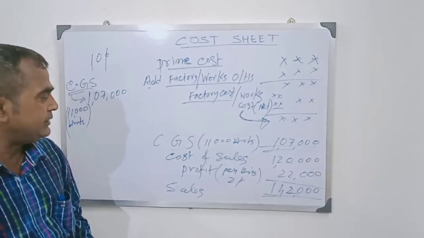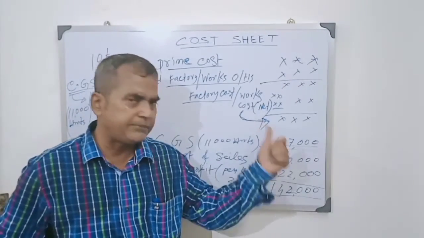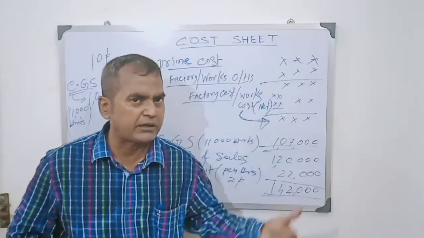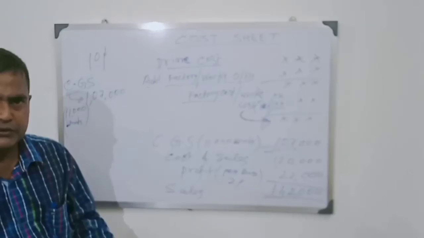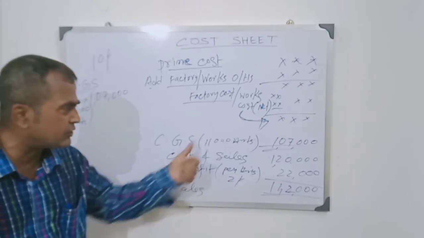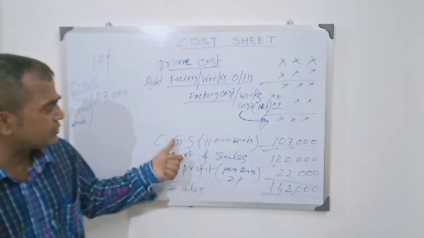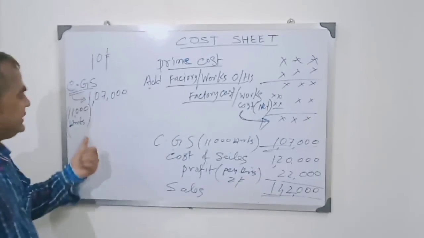So you get your total factory cost net, then administrative, research and development and product development cost. Then you get the cost of production, then selling and distribution overhead, and you get the cost of sales. The difference of cost of sales and sales is profit. Per unit profit could be calculated.